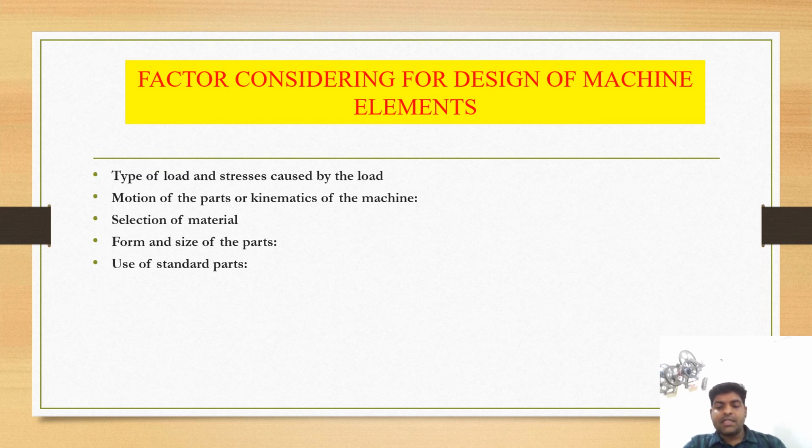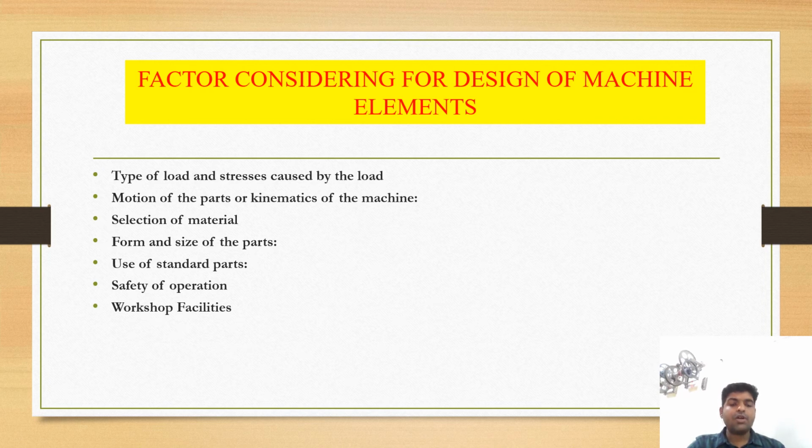Next one is safety operation. It is necessary that the designer should always provide a safety device for the safety of the operator. It is the major requirement of a perfect design objective.